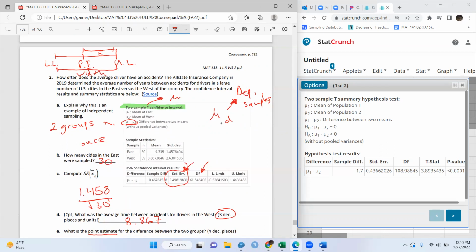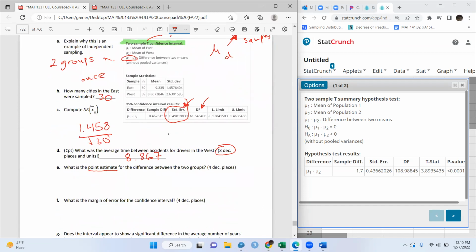Then you could put in E is equal to upper limit minus lower limit divided by 2, and point estimate is equal to upper limit plus lower limit divided by 2. You could also remind yourself that the point estimate is just the statistic. Those are all little pieces to know.